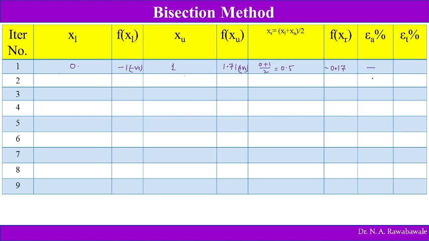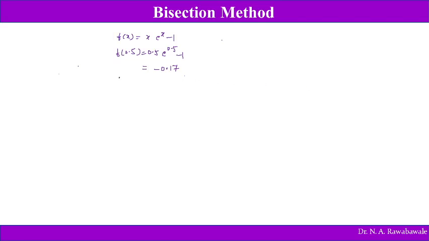Approximate error cannot be calculated here, but true error can be obtained. The true value is given, so the true error is 0.56738281 minus the new approximation 0.5, divided by the true value 0.56738281, into 100. So this first error is 11.87%.